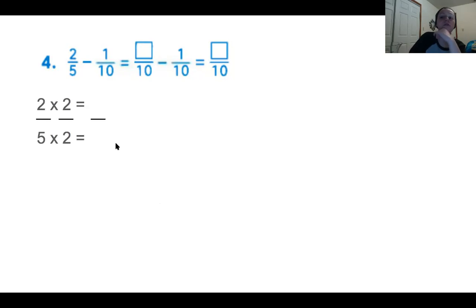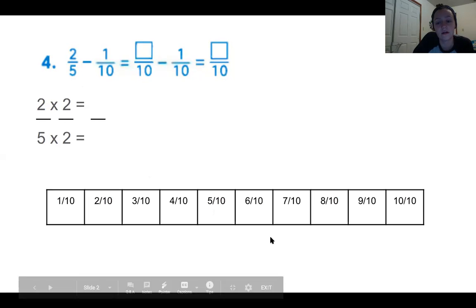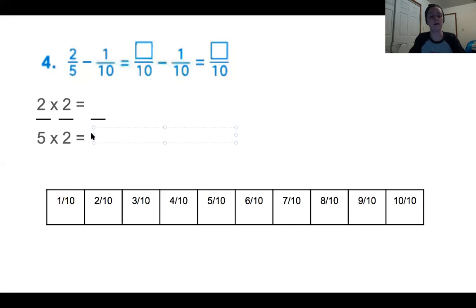To do that, we have to figure out how many times 5 fits into 10. If I think about my math facts, I know that 5 fits into 10 twice. So that means I have to take 5 times 2 to find 10. I already set it up down here. I took 2/5, this fraction right here, times 2 over 2, because I know that will give me a denominator of 10.